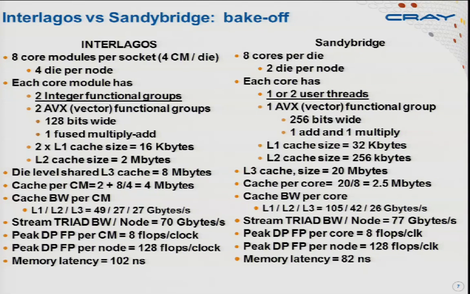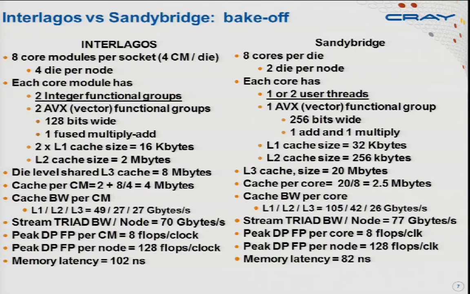On Sandy Bridge, like Intel hinted at two days ago, the default way of doing it in all of HPC is to run just 1 process thread per core. And that's why everyone calls it a core. But we have the capability of running either 1 or 2 user threads at runtime.